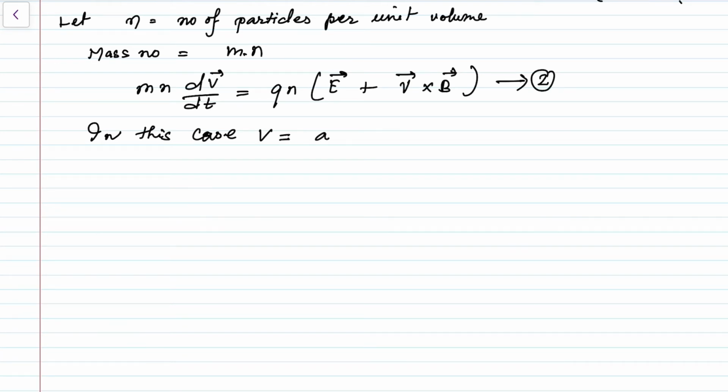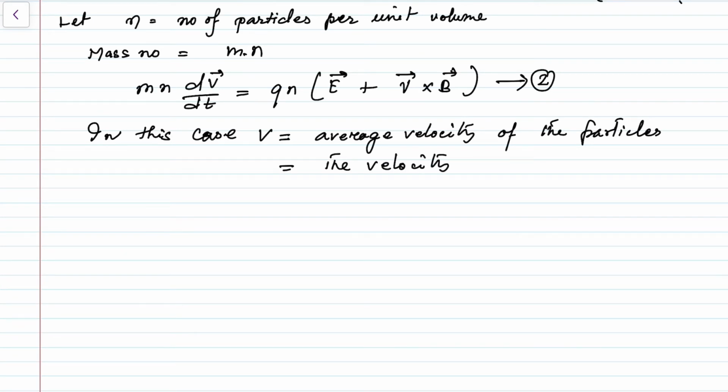It represents the average velocity of the particles in the volume element, and it is assumed to be equal to the velocity of the volume element.